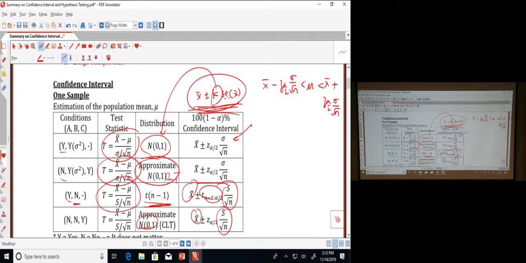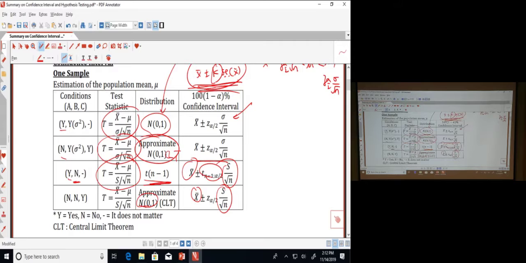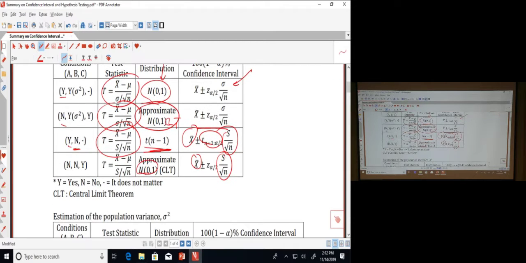So now I press the fast forward button. Okay, here I explain all this. All right. So hyphen means it doesn't matter. All right. So the sigma square. We want to draw inference, or a confidence interval, about sigma square.